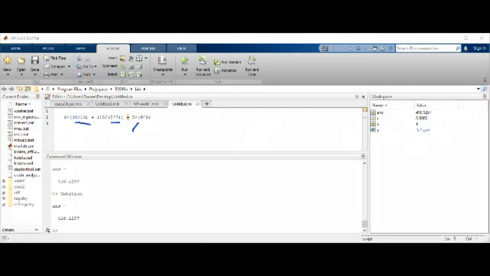So this is how you write it. If that question is given to you, please note it. This is how you should write it in MATLAB before you run it. I hope you can copy that.